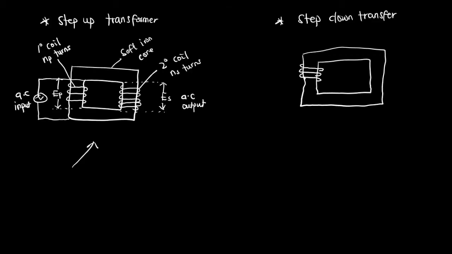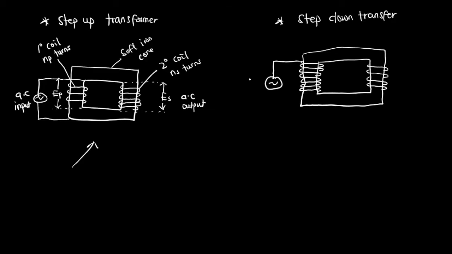So we have a lot of turns over here, but then on the secondary side we have, let's say, just a few turns, something like this. Let me even add more here. So if you look at this, obviously the number of turns on the primary side is more than on the secondary side, right? So let me complete the drawing.